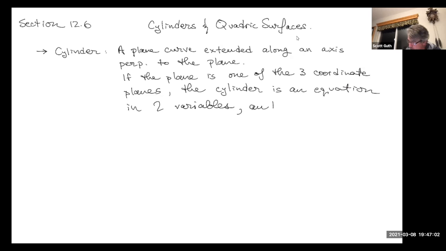And the 3rd variable is unconstrained. Okay, so that's a cylinder, and it's not necessarily a circular cylinder.